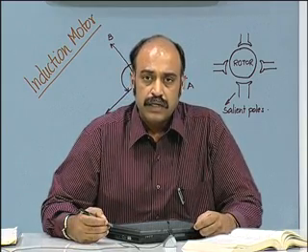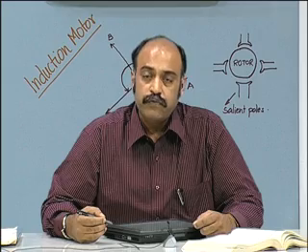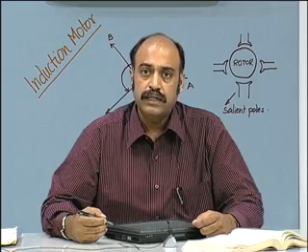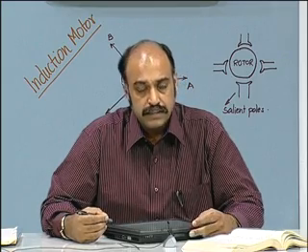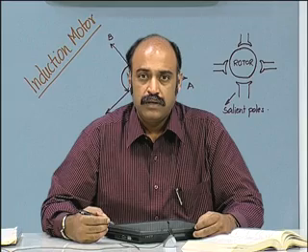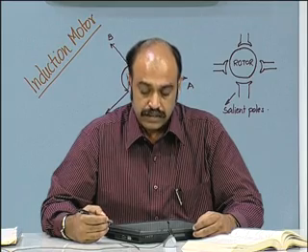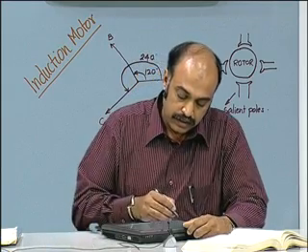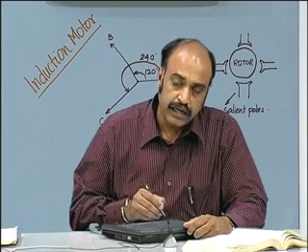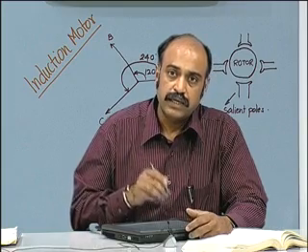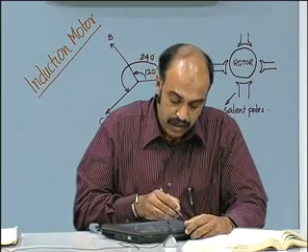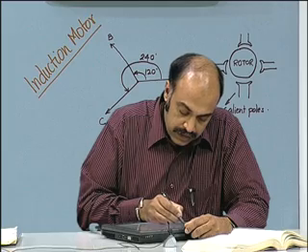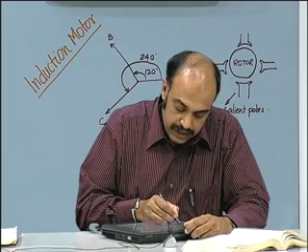Now, if the slip was negative, we said that the induction motor becomes a generator. In the case of the induction motor acting as the generator, the equivalent circuit is still the same. The only difference is that the slip S is negative.